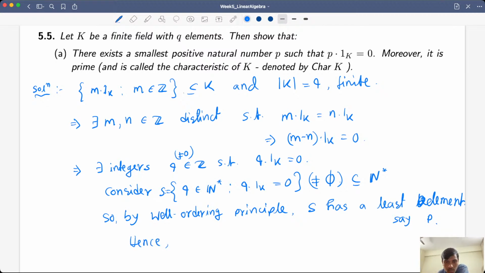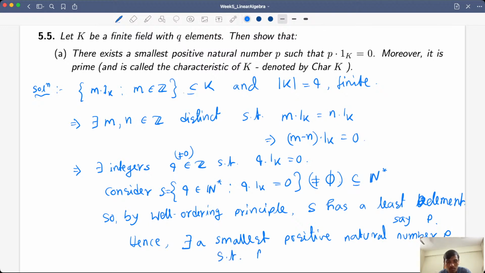So hence there exists a smallest positive natural number P such that P·1_K equal to 0.